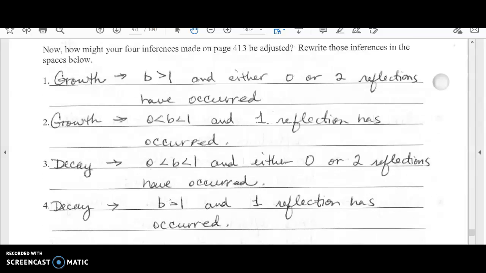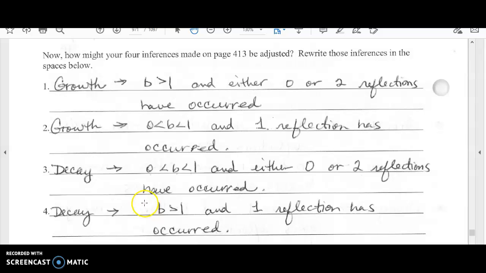If it is a growth problem, we still have 4 rules. If you have a base that's larger than 1 with no reflections or 2 reflections, it's growth. But if the base is larger than 1 with exactly 1 reflection, whether it's the x or the y-axis, it is a decay problem.